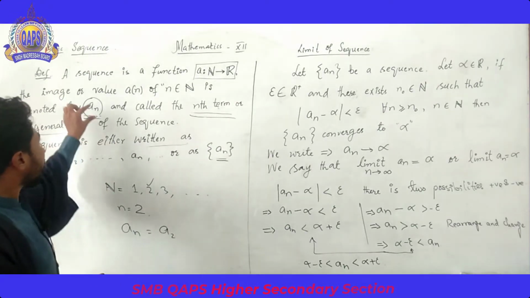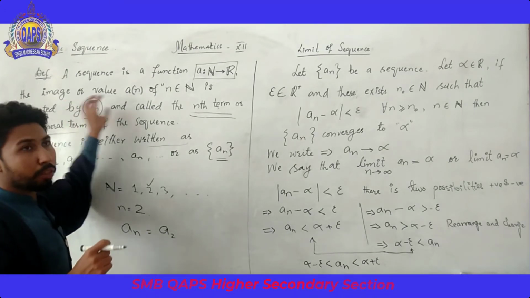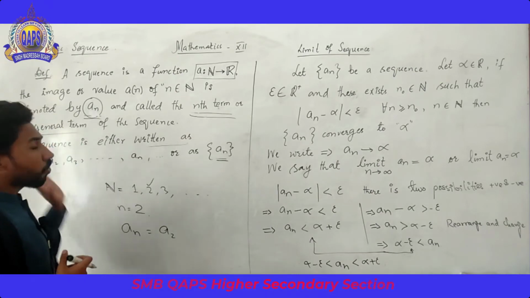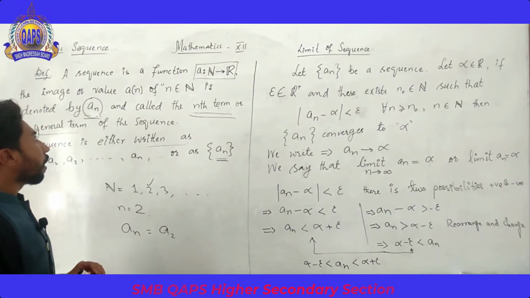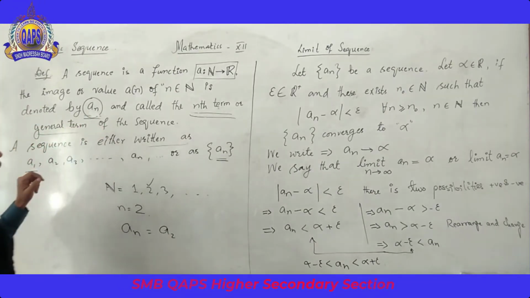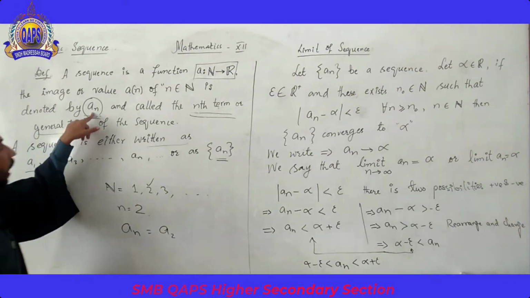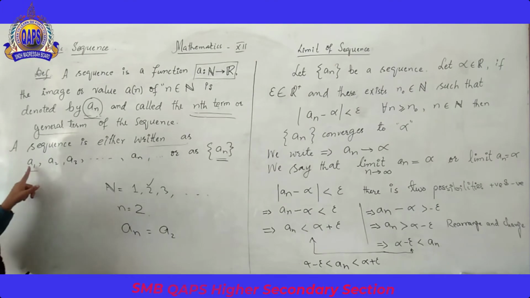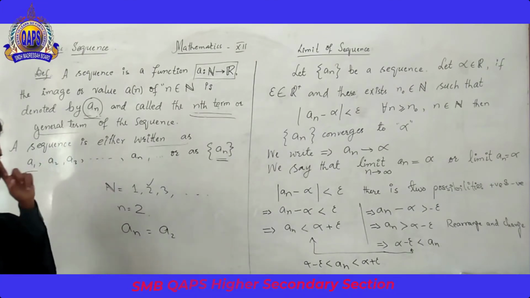So a_n always represents the nth term, or in other words the general term. It must start from a1. If n belongs to the natural numbers, it starts from a1, a2, a3 up to a_n.